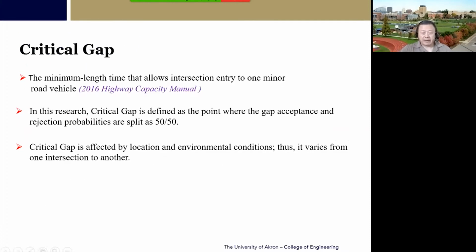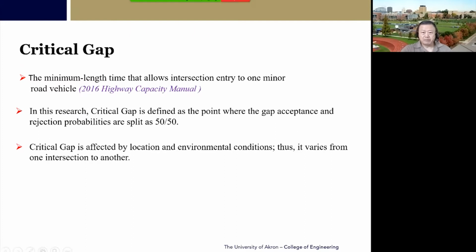Now, the critical gap concept was introduced many years ago, and it refers generally to the minimum time for a driver to enter the intersection. It cannot be smaller than that. It's a minimum time.